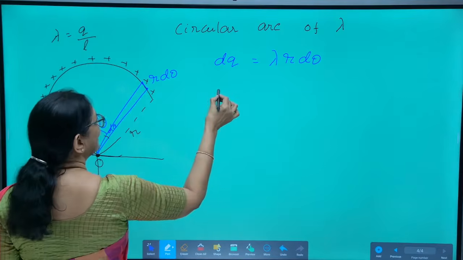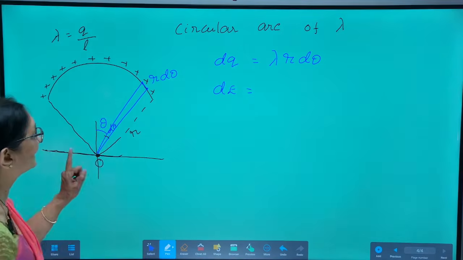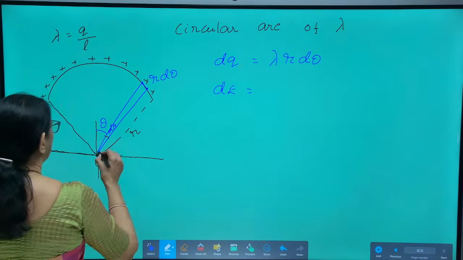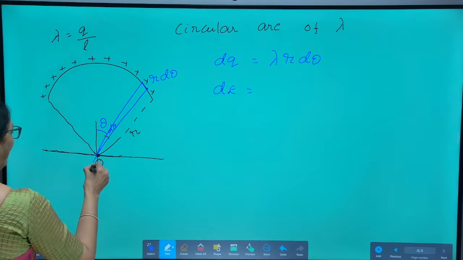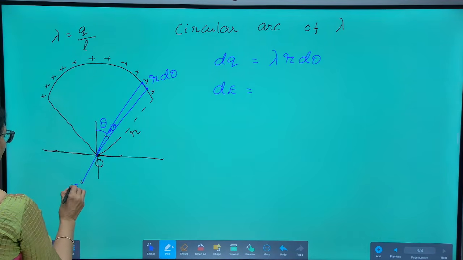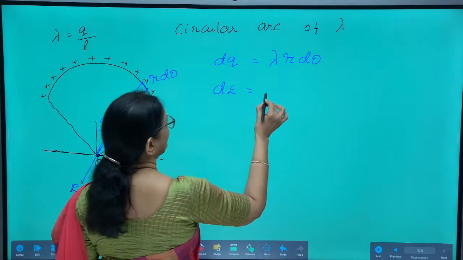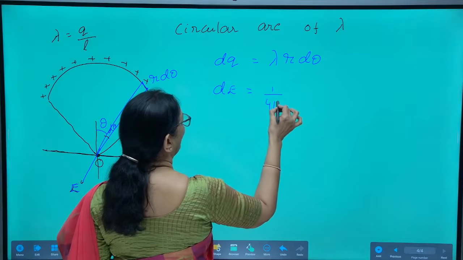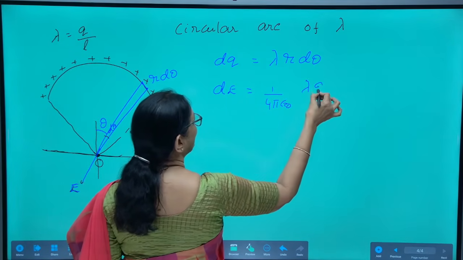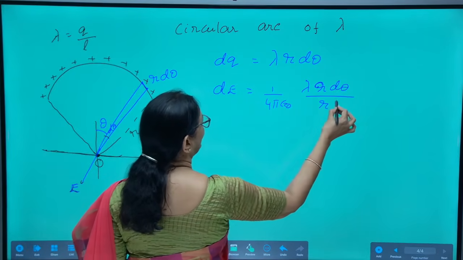What is the expression for electric field intensity created by that element at the center? It will be along this direction because the charge is positive, so the electric field intensity will be directed away. So, dE is equal to 1 by 4 pi epsilon naught dq by r square, that is, lambda r d theta by r square.